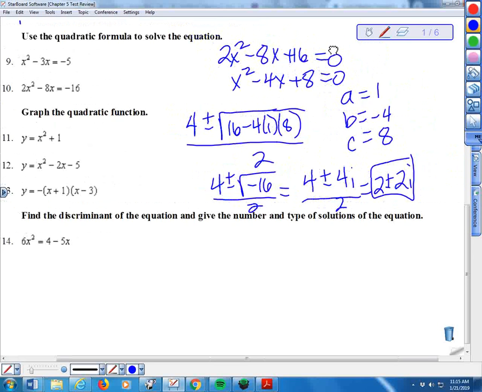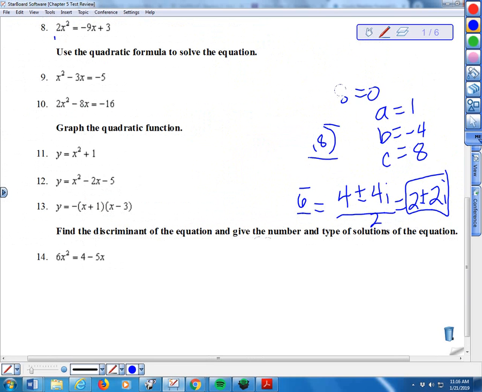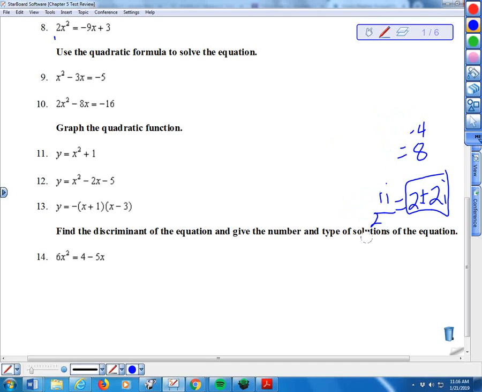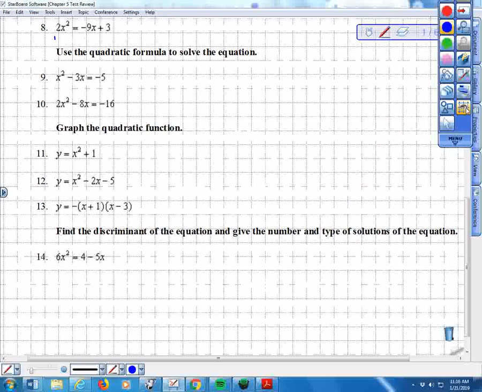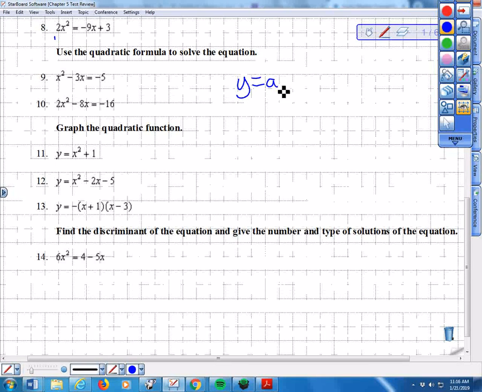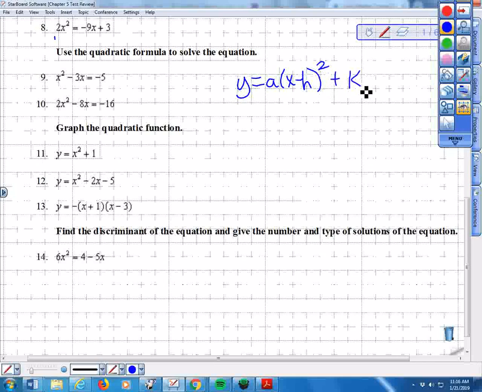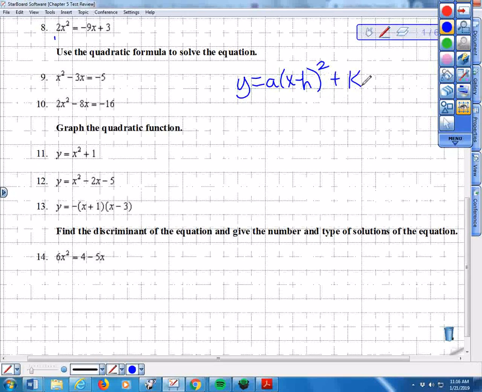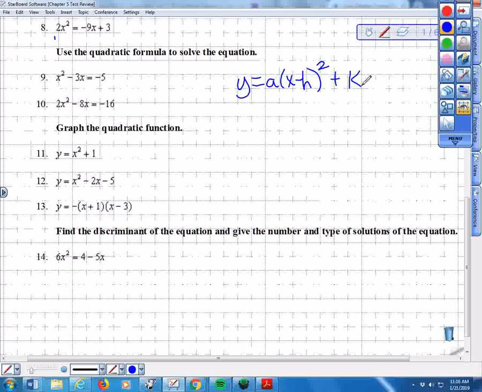All right, graphing. First one is y equals x squared plus 1. So if I were to put this into the general form, this would be a good exercise to identify what a, h, and k are. What is a? 1.